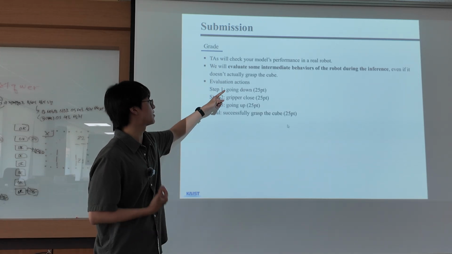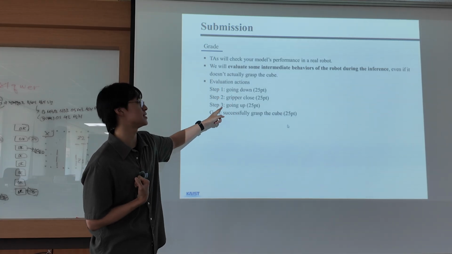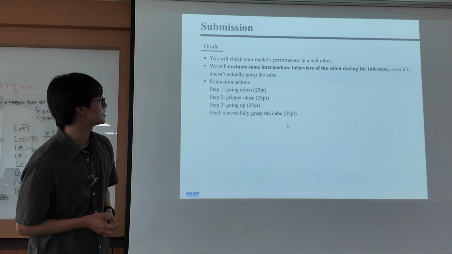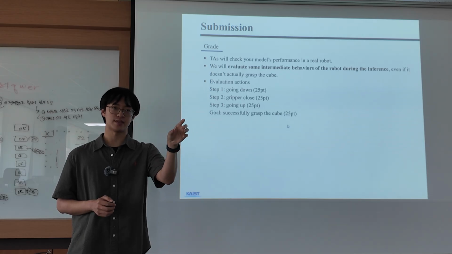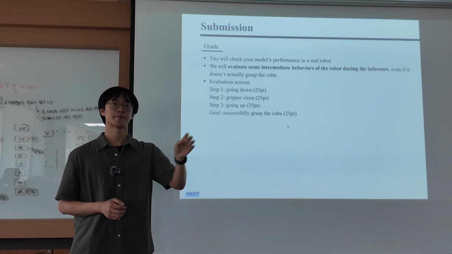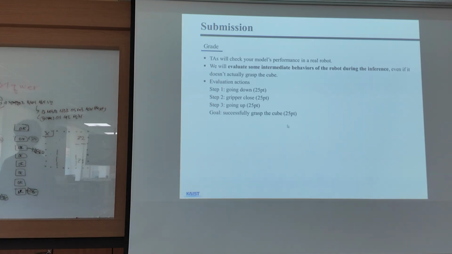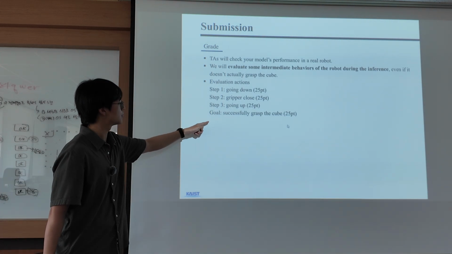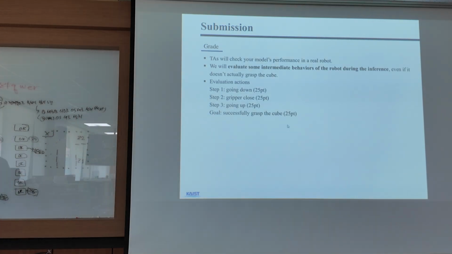We will check whether it goes down, whether the gripper is closed, whether it goes up again, and whether it successfully grabs the cube when we put the cube in different positions. If the robot successfully does all of those, it will get 100% of the points.